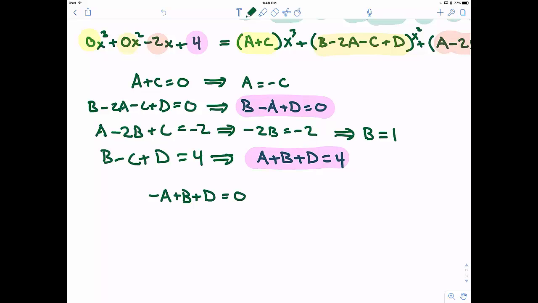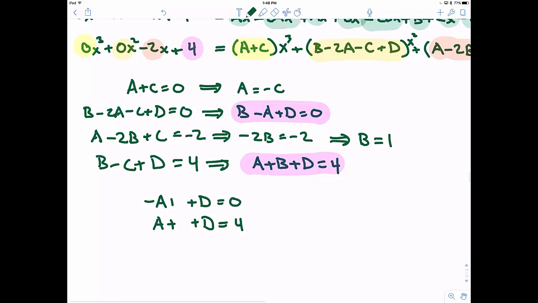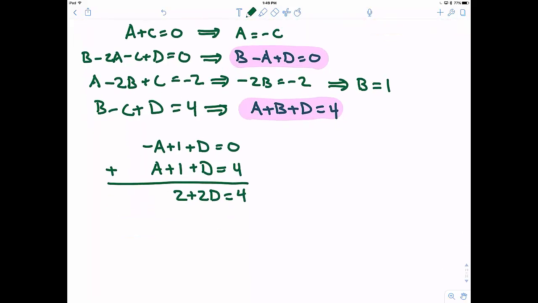And then the second one, I'll leave as is, a plus b plus d equals, sorry, 4. We can rewrite b's as 1s because we know that. Now let's see what happens when I add these two equations together. The a's cancel out, and I get 2 plus 2d equals 4. So 2d equals 2, which is the same thing as d equals 1.